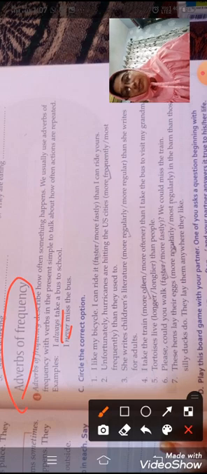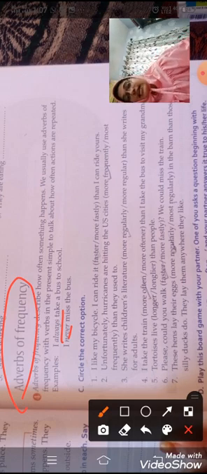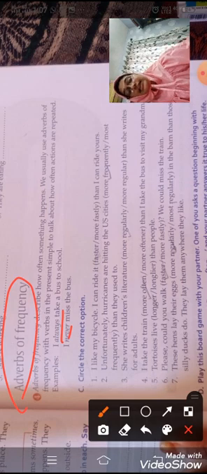Circle the correct option. I like my bicycle. I can ride it dash than I can ride yours. So again, than. Whenever than comes, we always use the er form, that is the comparative degree.